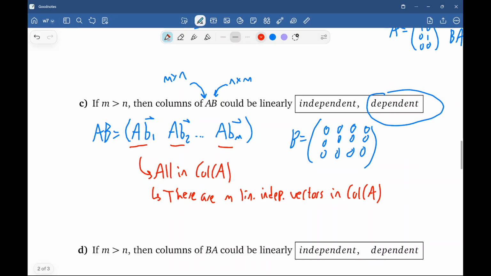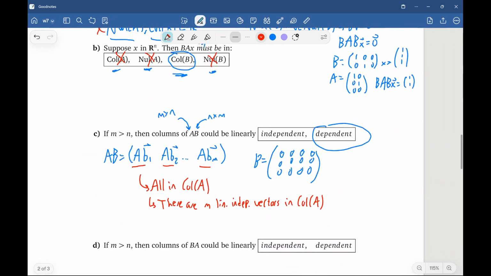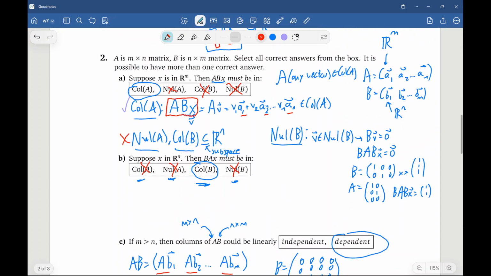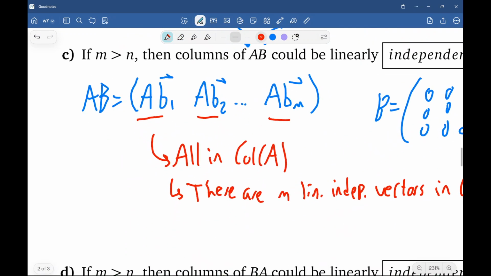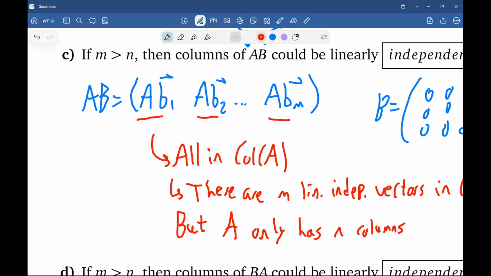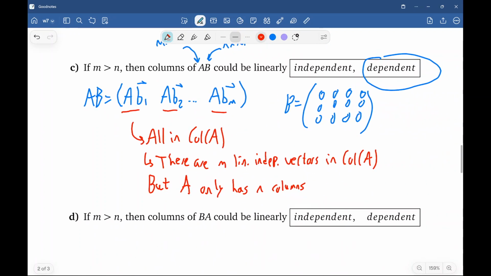This is an issue though, because A only has n columns. So these two lines are actually contradicting each other.